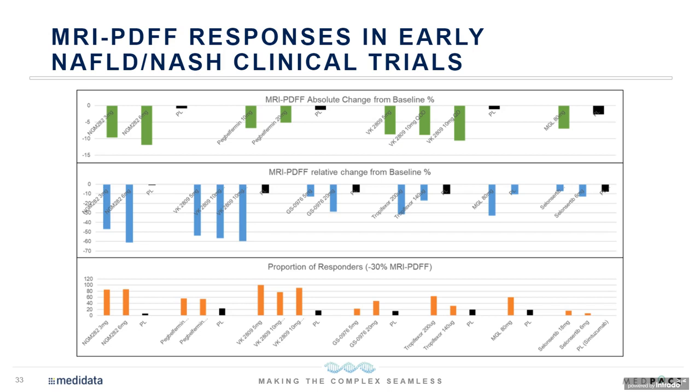PDFF differentiates significantly from placebo, and this is in relatively short time frames, ranging in these examples from 12 to 16 weeks, and relatively small sample sizes as well, consistent with early proof of concept trials.